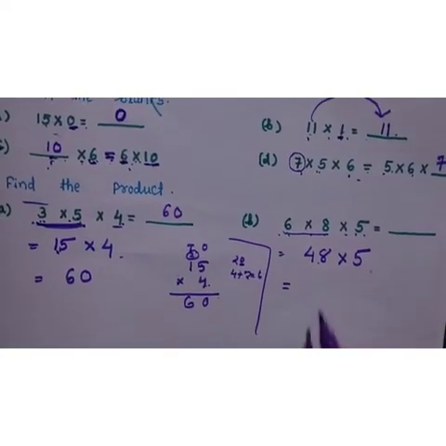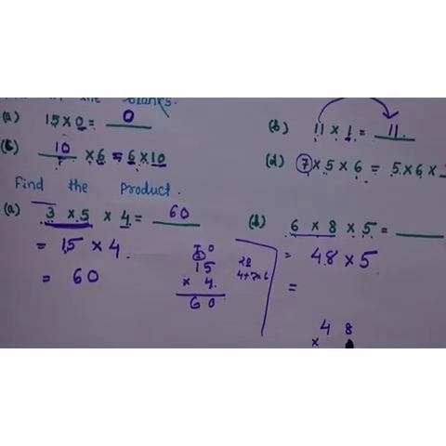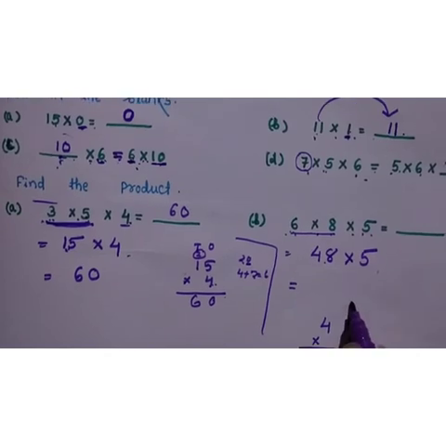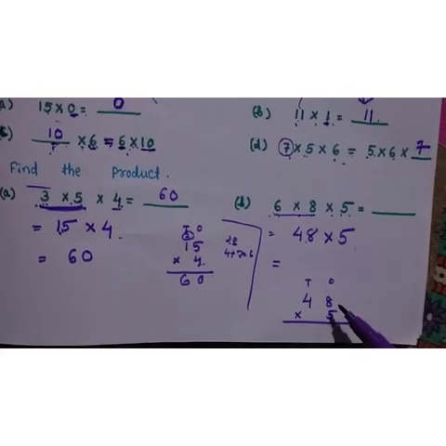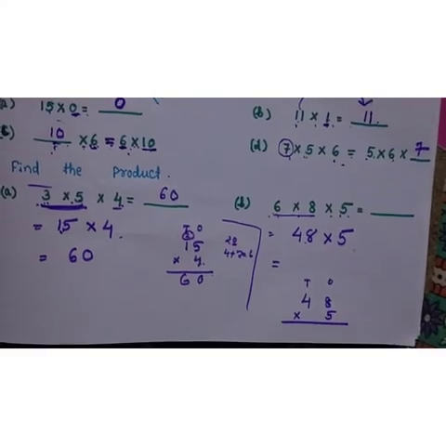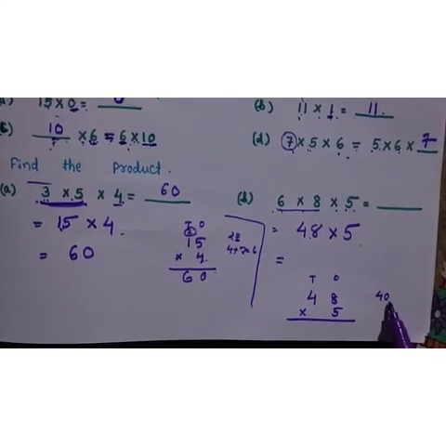Okay. Now we multiply 48 by the third number, that is 5. Understood? Now we multiply the numbers. 48 multiplied by 5. This is your ones column, this is your tens column, right? Now we multiply 8 fives are how much? 40, and 40 is a 2-digit number.